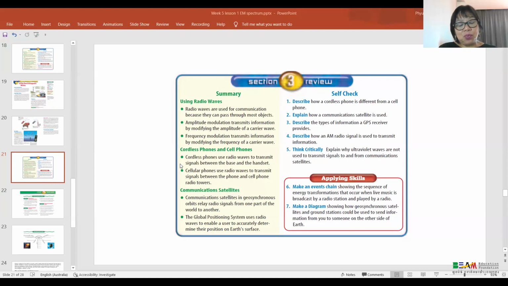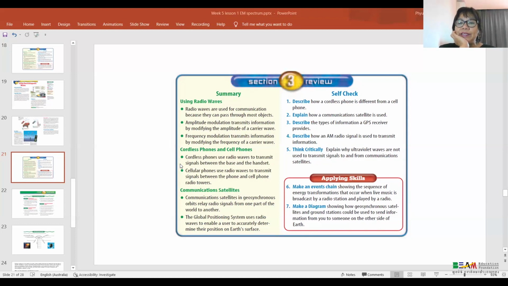From sound energy to what energy form? Electrical energy. Then it will be transmitted through the station, and the receiver will pick up the electric signals and transform them back into sound waves. That's how radio signals are used to transmit information.